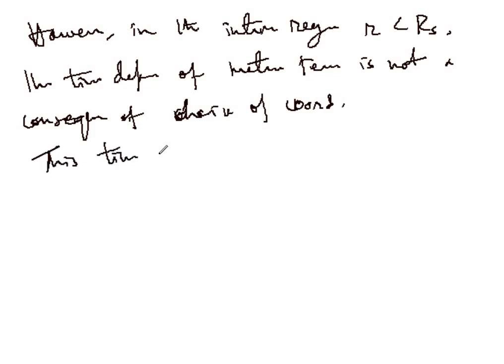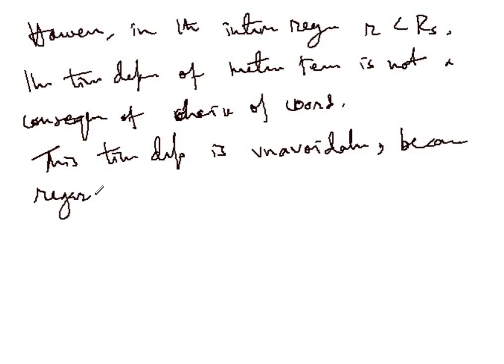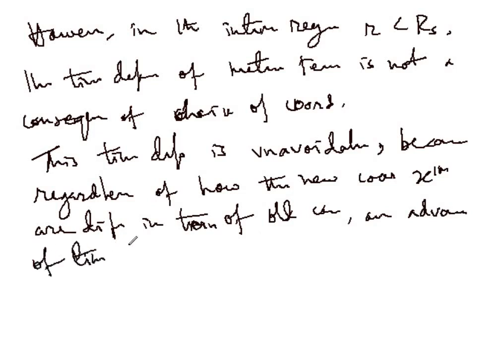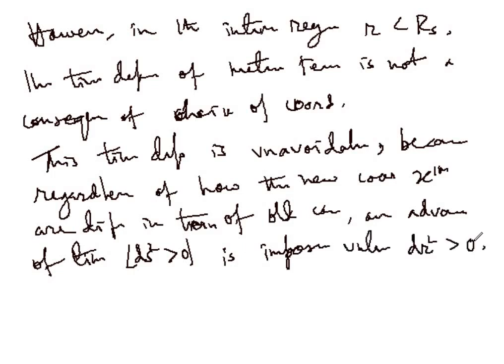This time dependence is unavoidable, just like the uncertainty principle is unavoidable, because regardless of how the new coordinates x prime mu are defined in terms of old coordinates, an advance of time, that means ds square greater than 0, is impossible unless dr square is greater than 0.